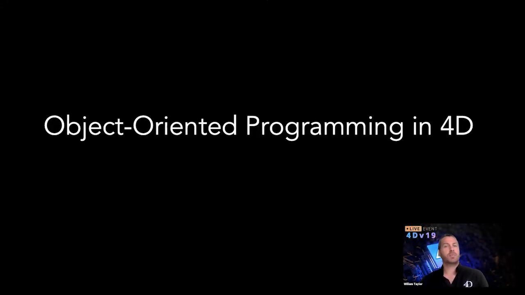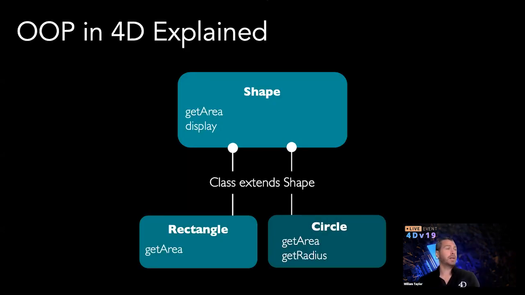Next, an exciting concept with 4D v19, the introduction of object-oriented programming in 4D with classes. Object-oriented programming is a philosophy that resembles everything with real-life objects, and implementation is done accordingly. Let's say we want to manage rectangles and circles.